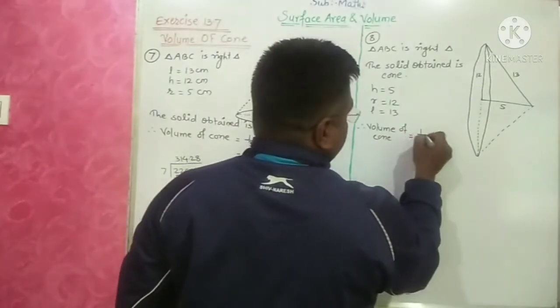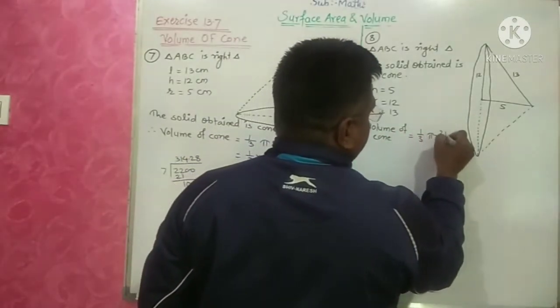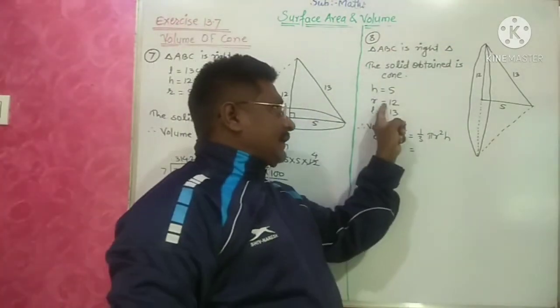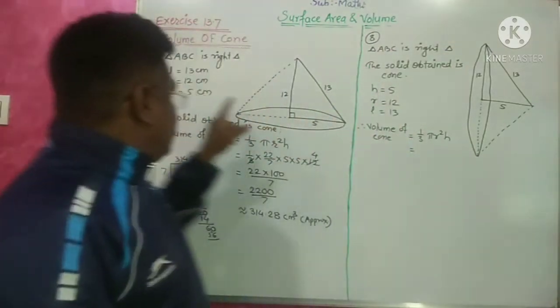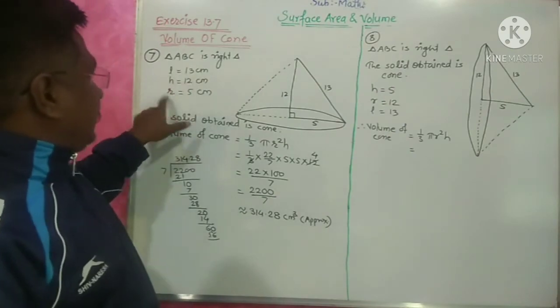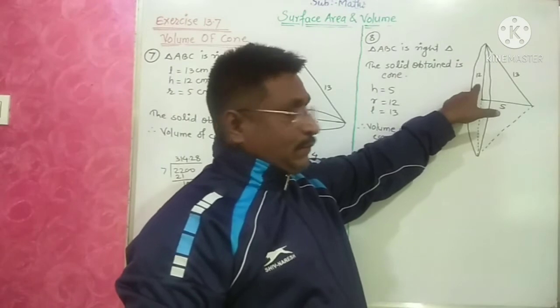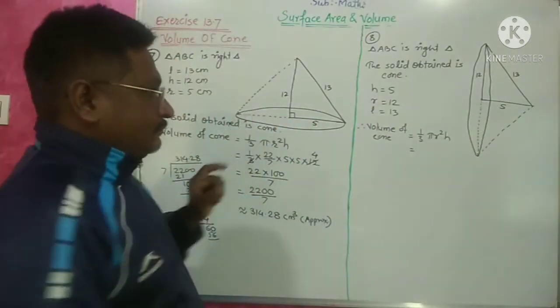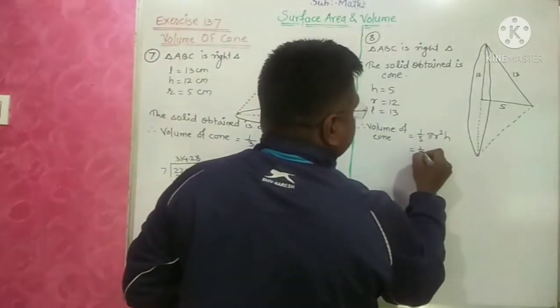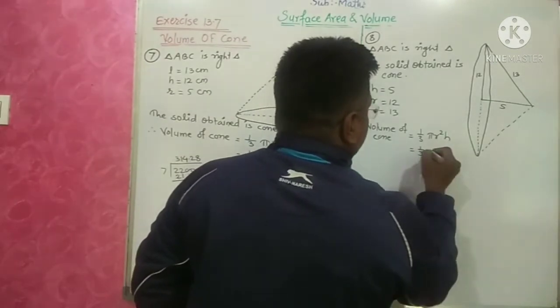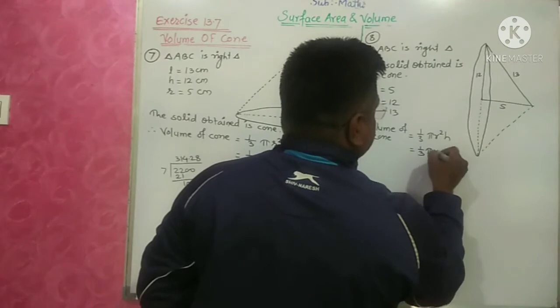So what will we get? 1/3 pi r square h. According to the revolution, the radius and height will change. See here, height is 12 and radius is 5. But here, radius is 12 and height is 5. So 1/3, we will keep pi as it is.